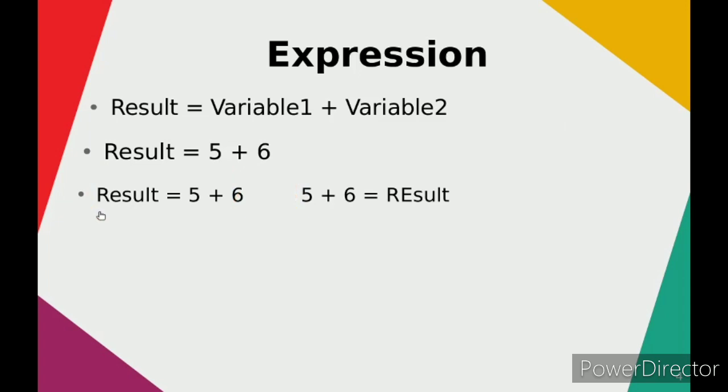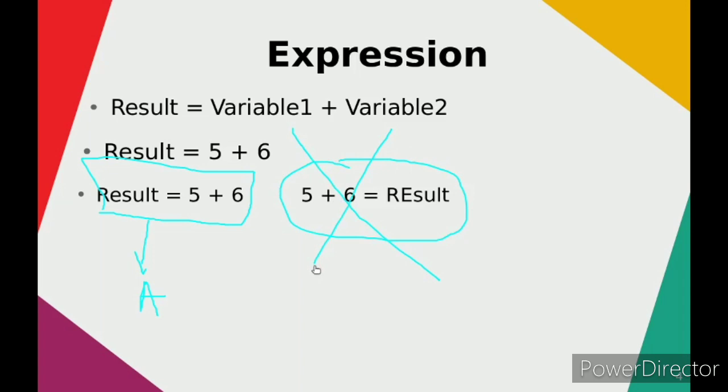But in the world of programming, the first expression is accepted and the second expression is rejected. And the answer to that is that our compiler wants the result to always be on the left hand side of the expression and the evaluation part to be on the right hand side of the expression.